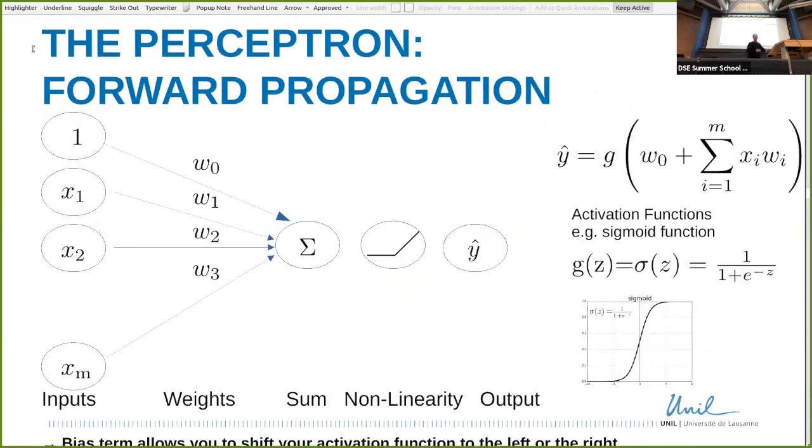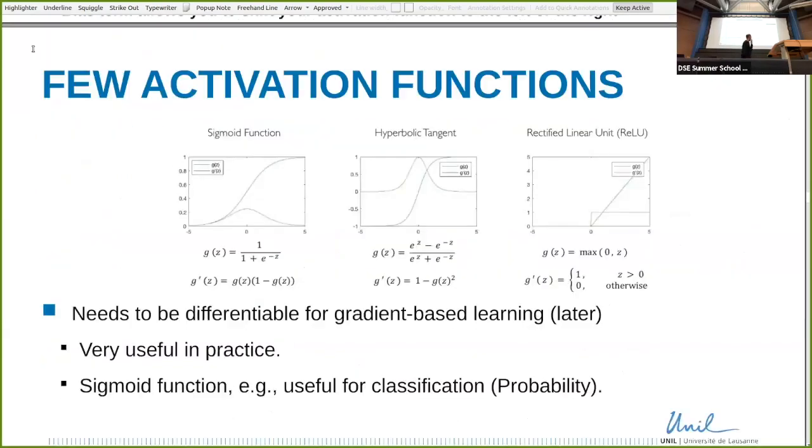Historically, when people work with shallow neural nets, we will get to that, you have input, output, and something in between. People often work with so-called sigmoid activation functions that have a bunch of nice properties. You can also still use them in the classification context. If you have two classes and you map the output between 0 and 1, you can assign probabilities of being from one or the other class. So this is one famous activation function.